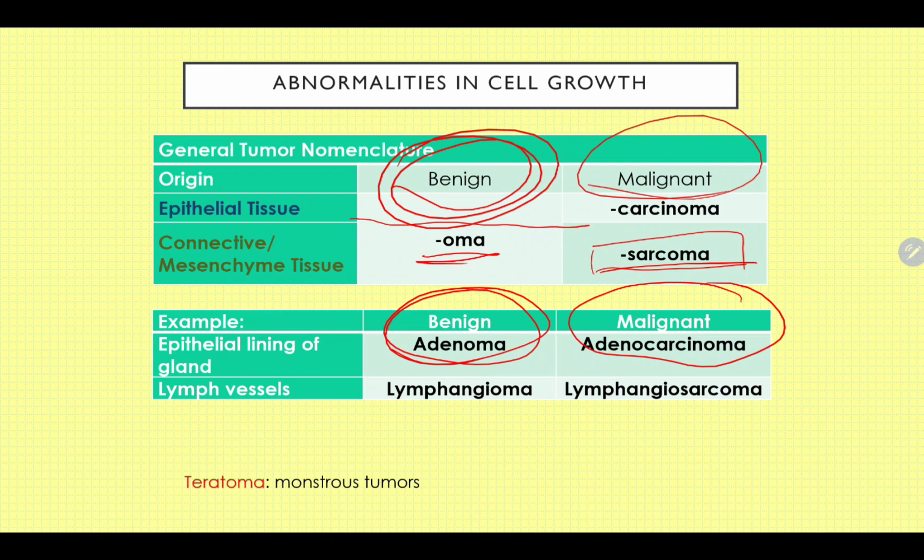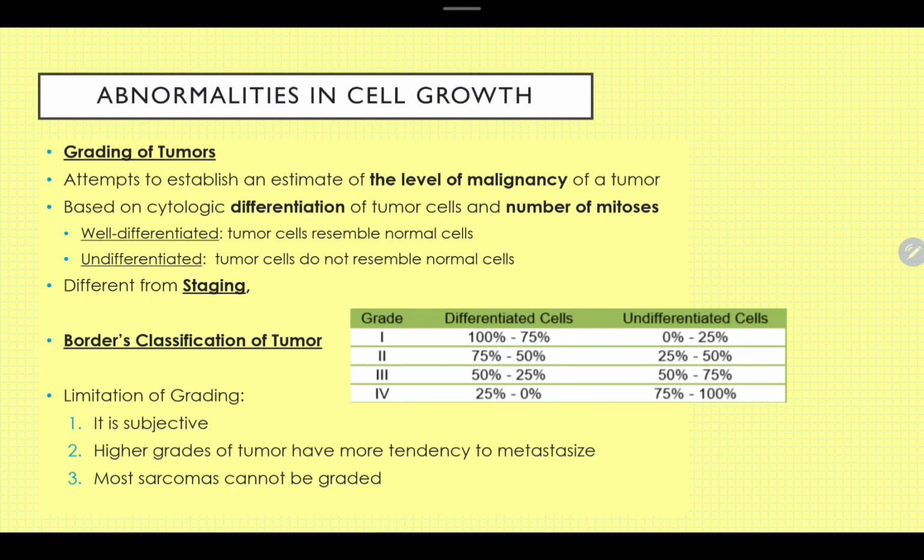Okay? So, let's talk about the grading of tumors. For the grading of tumors, there are attempts to establish an estimate of the level of malignancy of a tumor. This is based on cytologic differentiation of tumor cells and number of mitosis. Okay, so we categorize them as well-differentiated and undifferentiated.